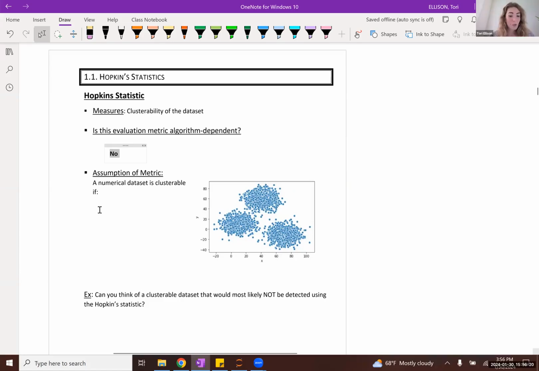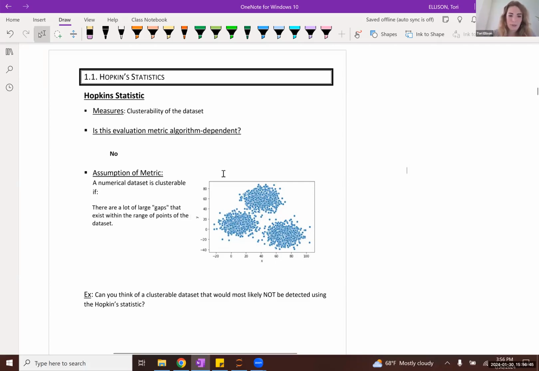We say that a numerical data set is clusterable if there are a lot of large gaps that exist within the range of points of the data set. Okay.